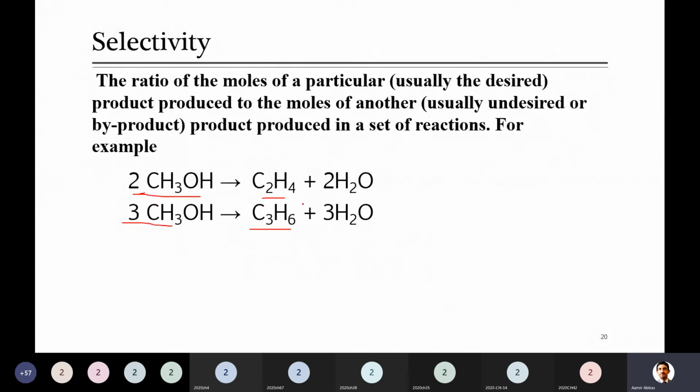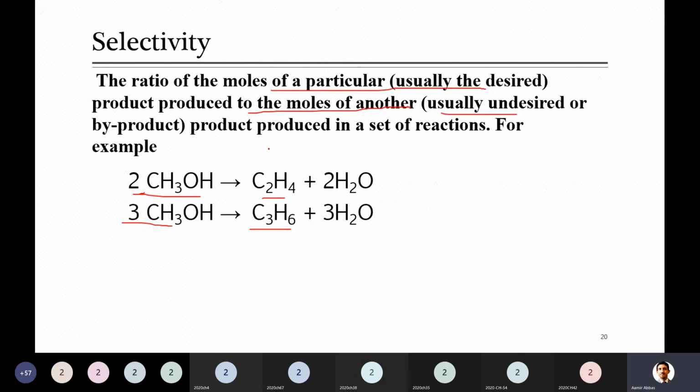There are 2 products, but one is the one we are looking for and the other is the side product or undesired product. Whenever you calculate the ratio between the moles of the desired product to the moles of the undesired product, that is called the selectivity of that reaction.